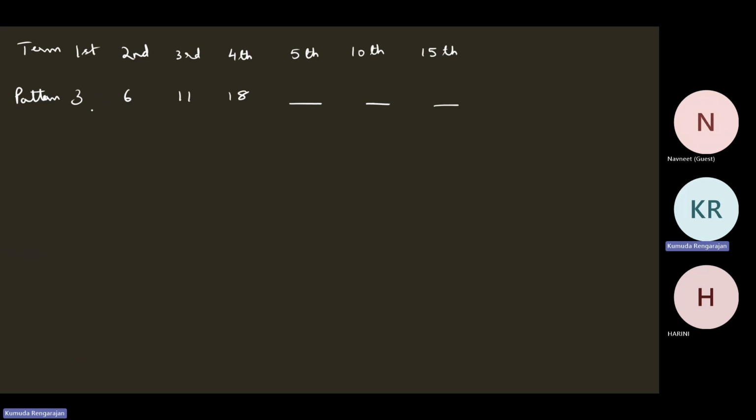You should try using the position of the number. The first term is 3. In the first position, we have 3. In the second position, we have 6. In the third position, we have 11. So you should try to connect the position and the term: the second term, number 2 and the answer 6. The third term, the number 3 and this answer 11. The fourth term, number 4 and this answer 18.